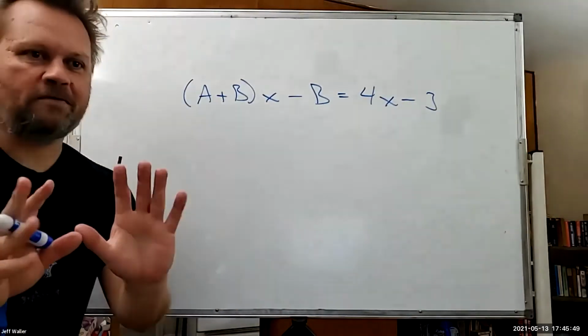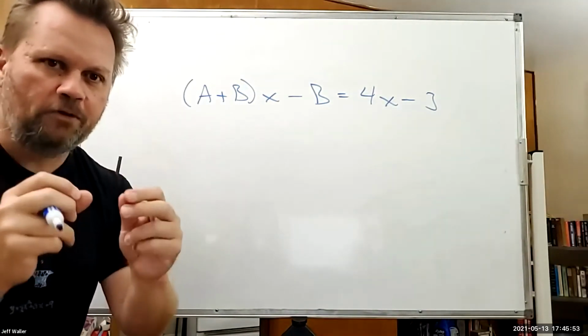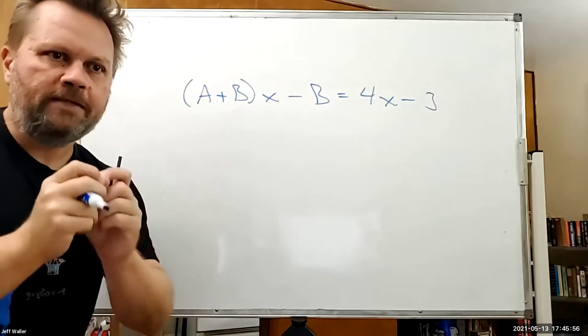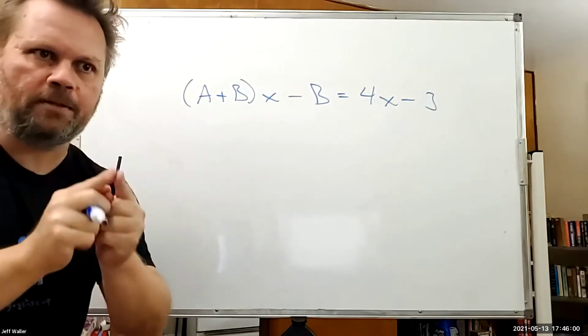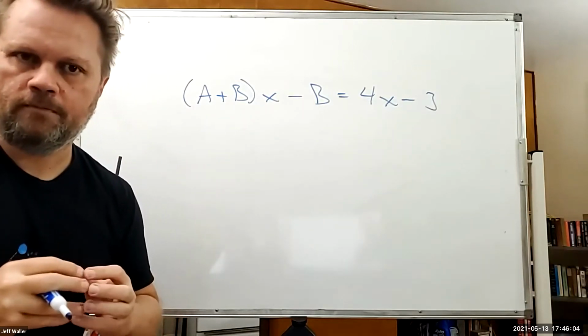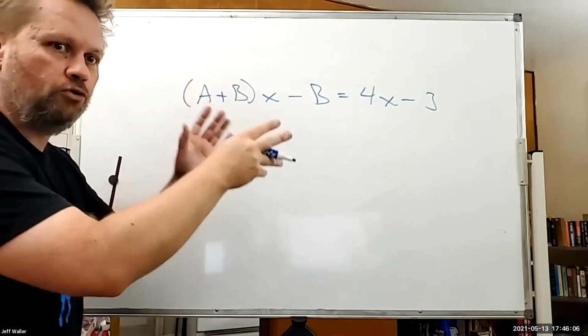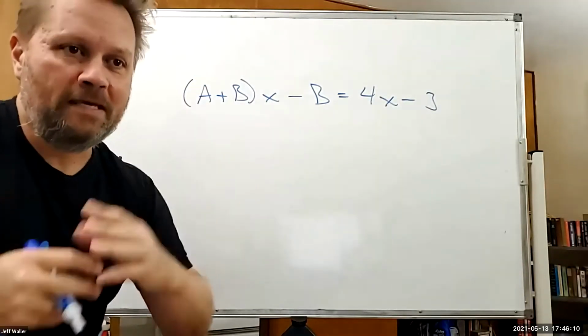Watch, stay with me. Real quick, this is a little side note. This is such a beautiful thing. Can somebody tell me, if this is a true equation, what must a plus b be? If this equation is true, what must a plus b be?